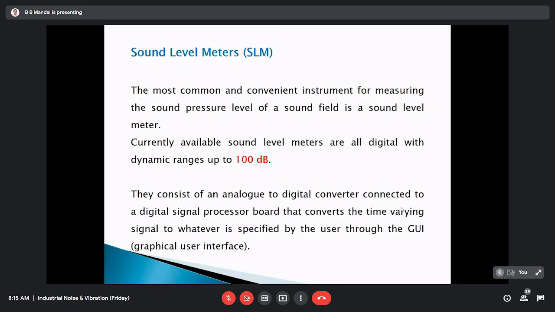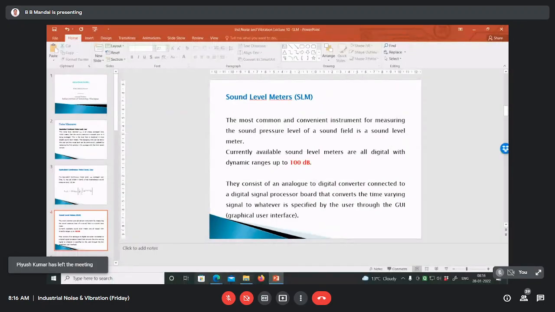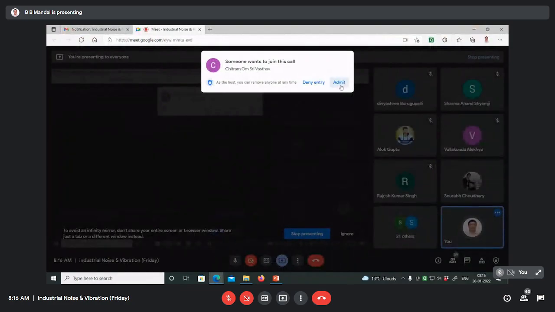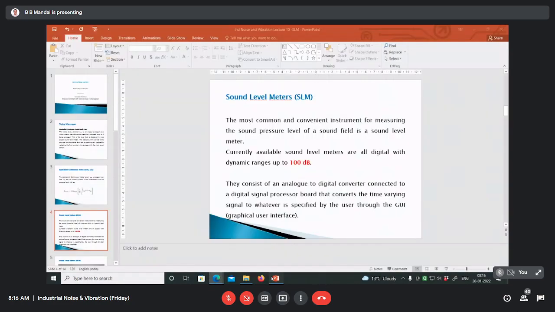Previously we used to have analog meters. You will never see them nowadays unless your lab has preserved a specific analog meter. All the meters nowadays are digital meters.